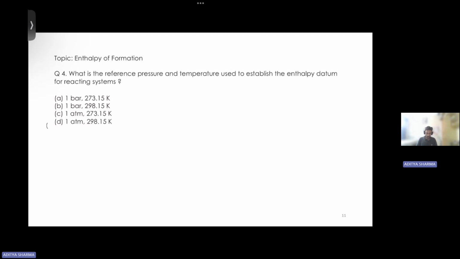So we have seen in discussion that the answer to this question is option D. So this is your 1 atmosphere and 298.15 Kelvin.